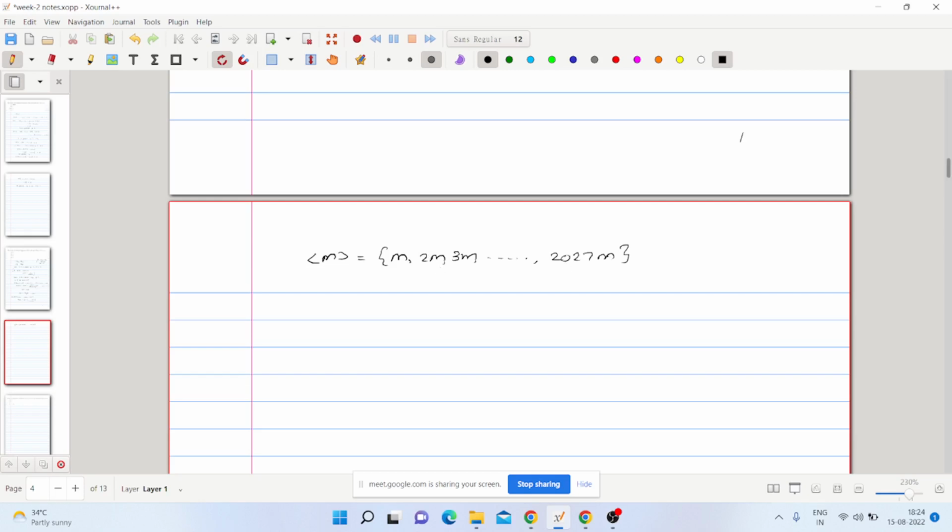And this is the order 2027. So up to this we have 2027 elements, and all these elements will be distinct because we already have a theorem: if the order of A is n, then A, A square, etc., A power n are all distinct. This is also something you have seen in the class, I think, right?